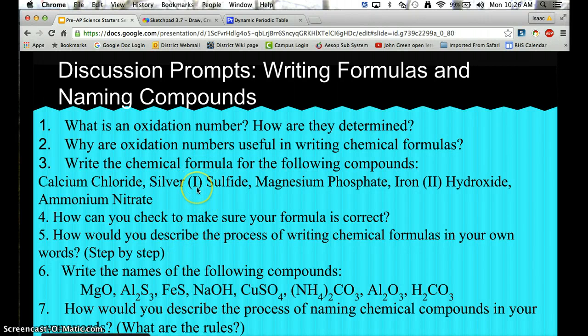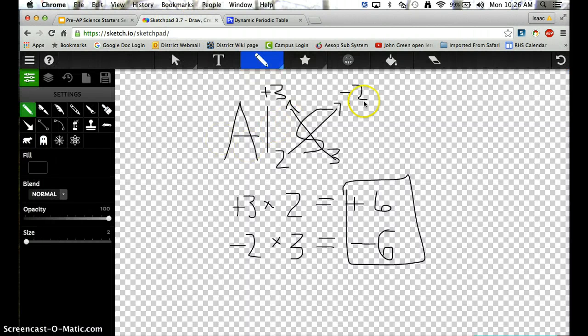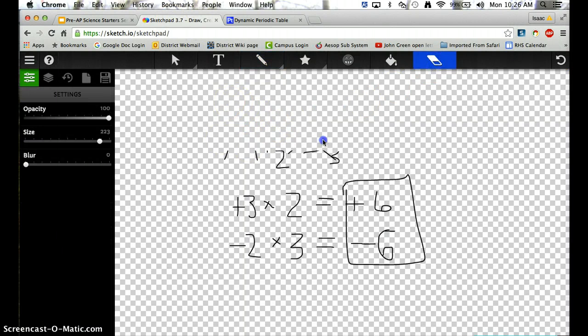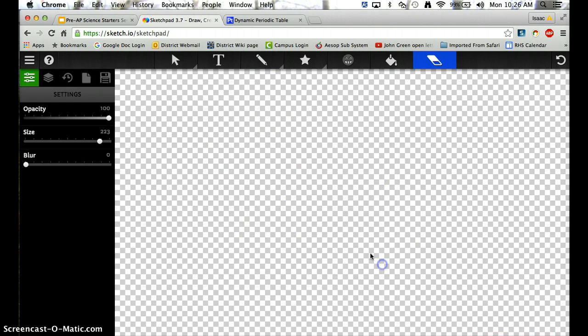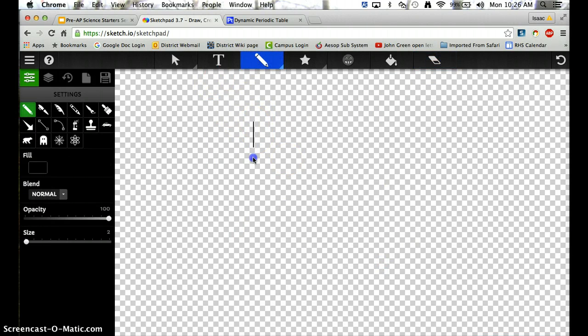Now the way in which you can figure this out is to do a reverse crisscross. Okay, so let's look at this for a moment. So the formula that we're given is FeS. Okay. Now Fe, we don't know the charge on it because it's a transition metal, so it could have multiple different charges.